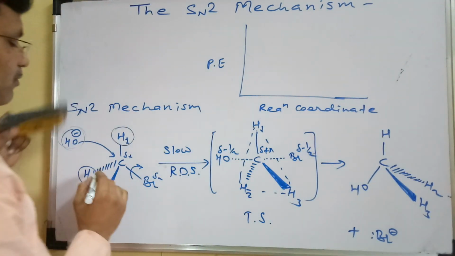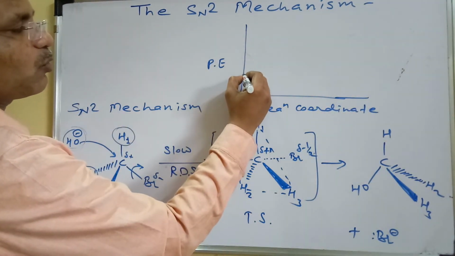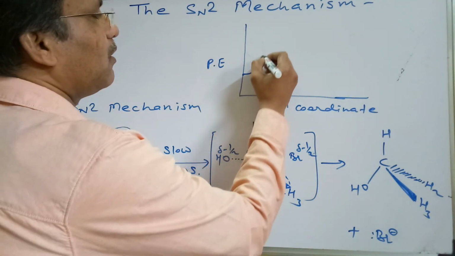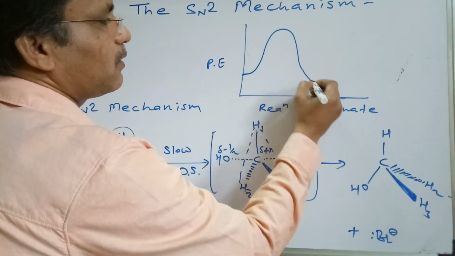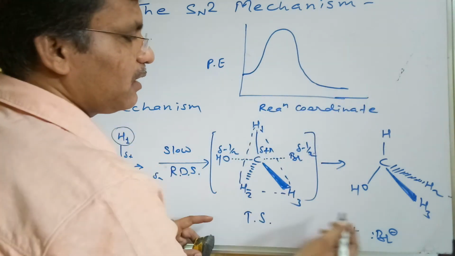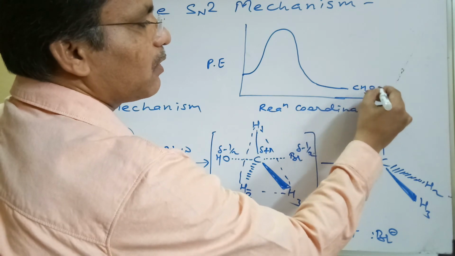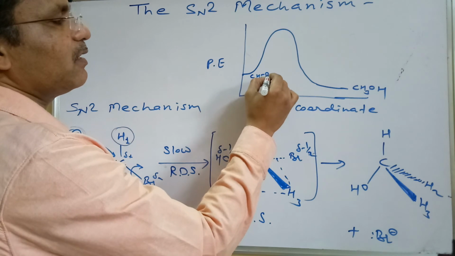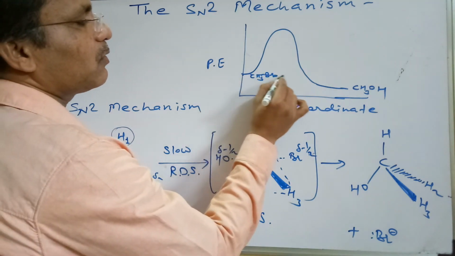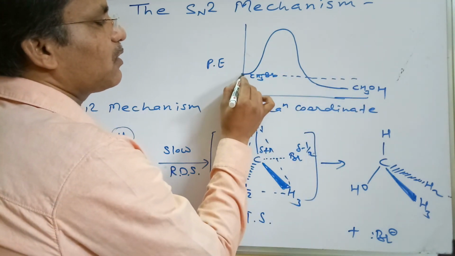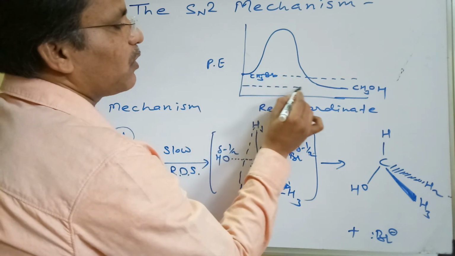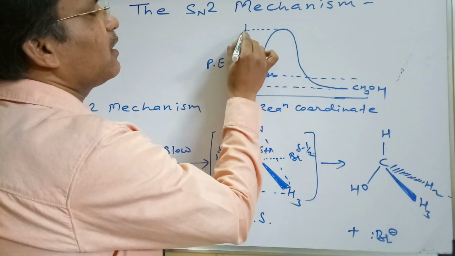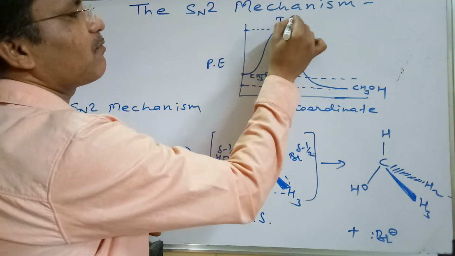Suppose this is the potential energy of the reactant, this is the transition state, and then we get the product here. Methyl alcohol is the product and methyl bromide is the reactant. So this is the potential energy of the reactant, this is the potential energy of the product, and this is the potential energy of the transition state.